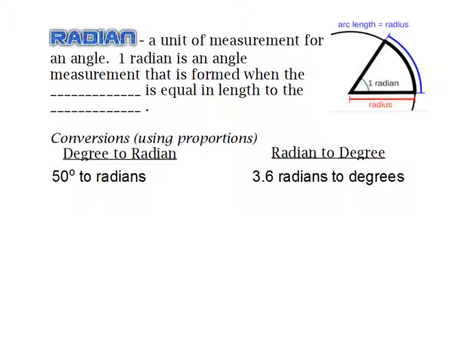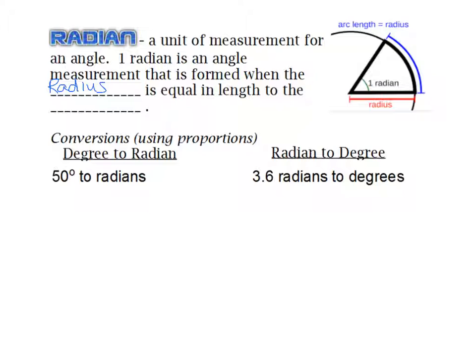One radian is an angle measurement that is formed when, do you remember? When the radius, so let's fill that in, is equal in length to the arc length.